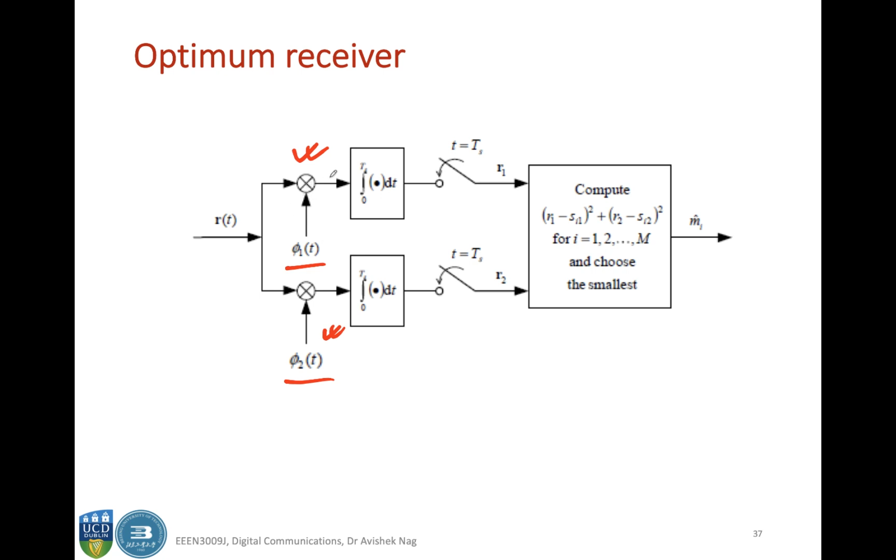So you had two arms where you are correlating the received signal with phi 1 and phi 2, and you are taking samples every Ts seconds to receive the components R1 and R2 of the received signal, and then you are doing the minimum distance decision rule here, and then you are estimating the transmitted symbols.